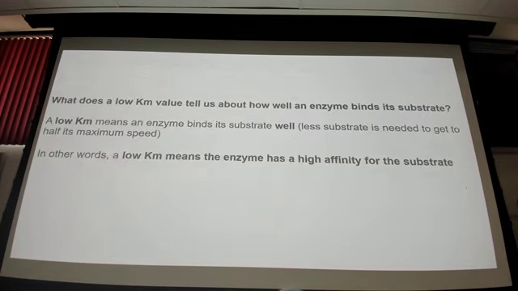Okay. All right. So these are just some little takeaways from McKay-Smithson. What does a low KM tell you about how the enzyme binds to the substrate? A low KM means that less substrate is needed to interact with the enzyme. So that means that low KM indicates a high affinity of the enzyme to the substrate.